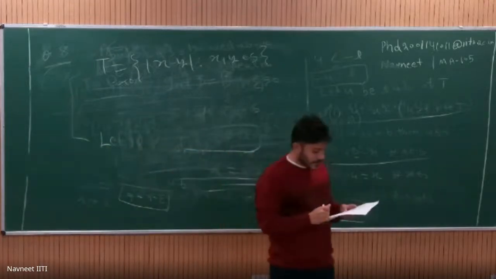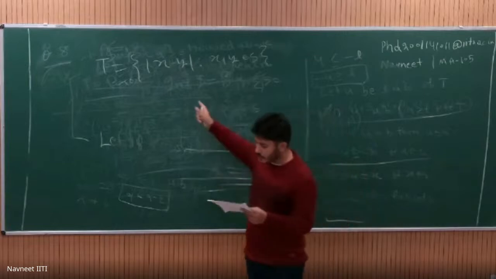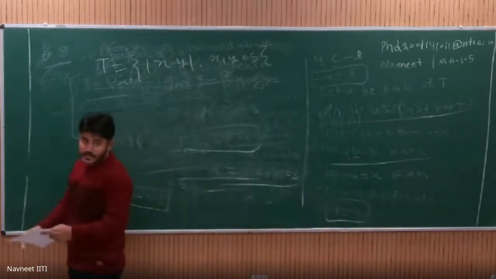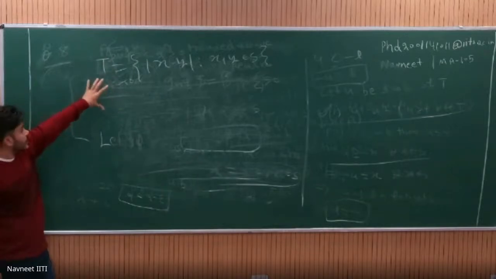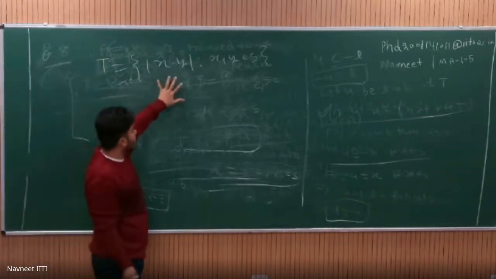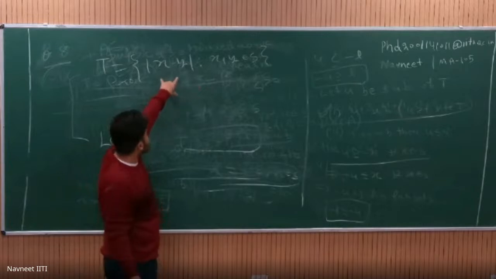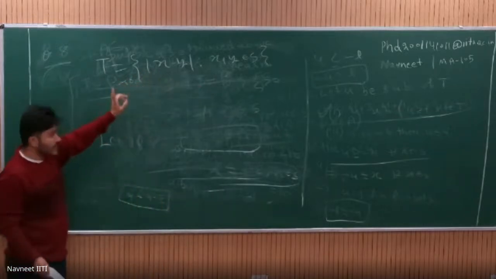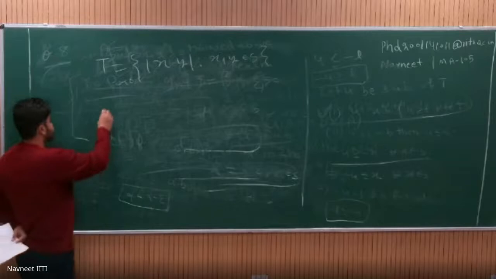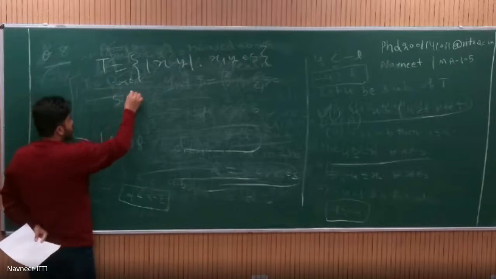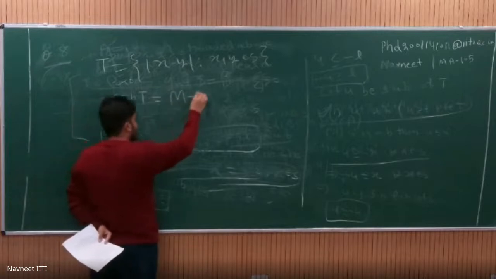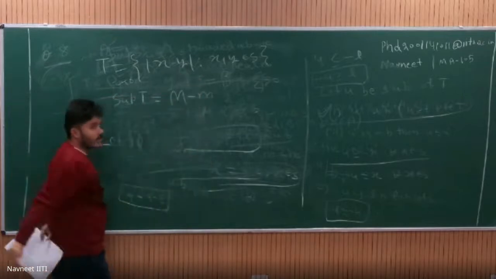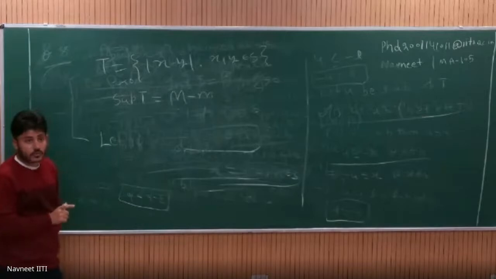It wants to know what the supremum of this set is. That means if the supremum of some set S is given, then taking the difference and modulus of all the elements from the set S, what is the supremum of this set T? We have to prove that the supremum of set T is nothing but capital M minus small m. Is it clear or not? This we want to show.